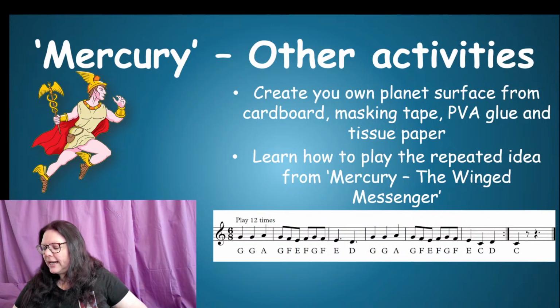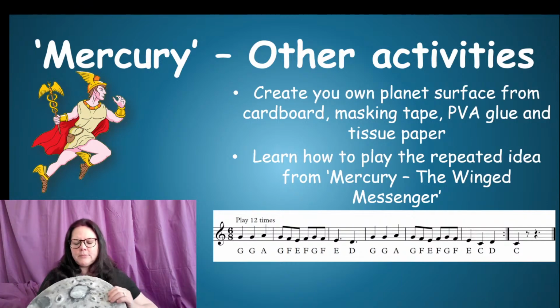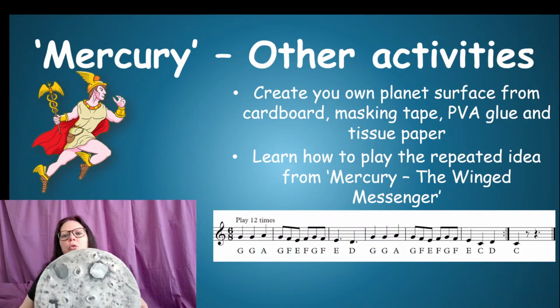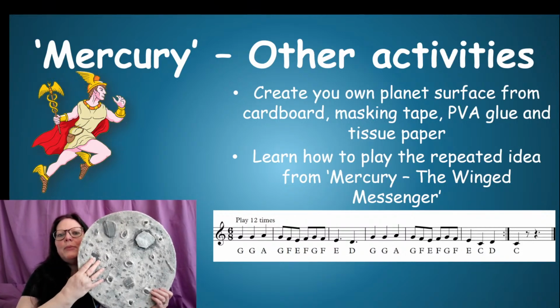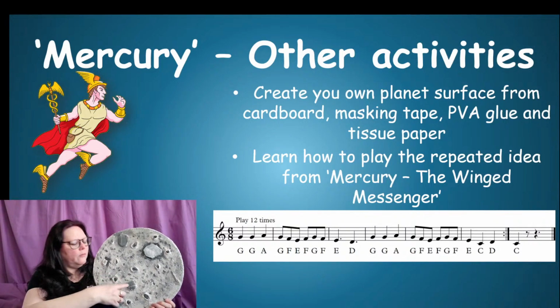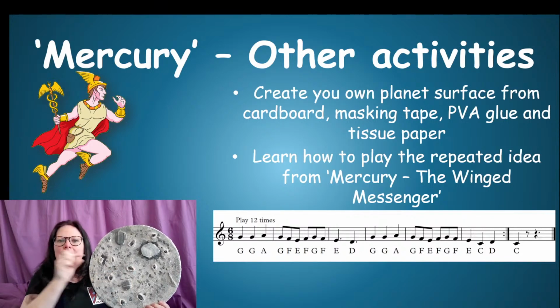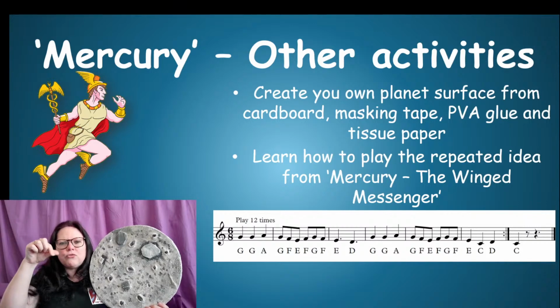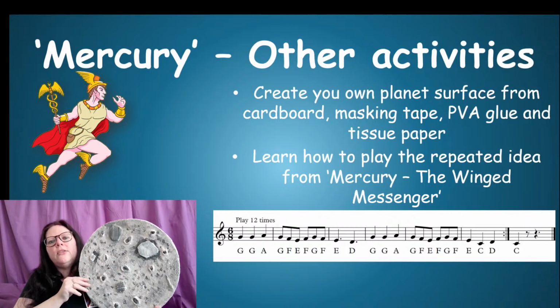And then basically you use that piece of cardboard and you build up your moonscape, or in this case, a Mercury scape, by putting on bits of cardboard that you've cut out and sticking them on. There's some masking tape that's been made into string to form shapes as well for little craters and things like that.